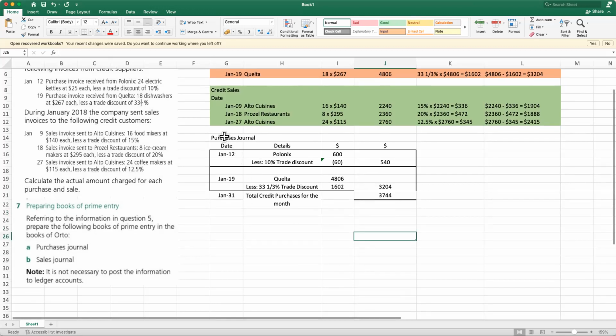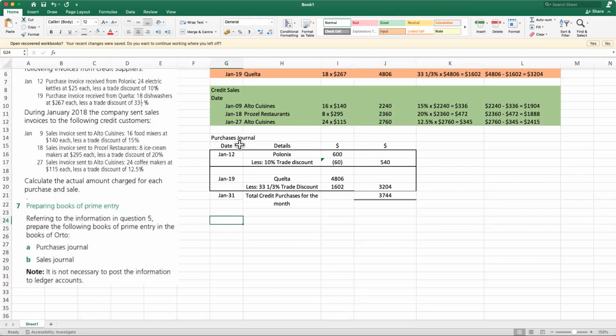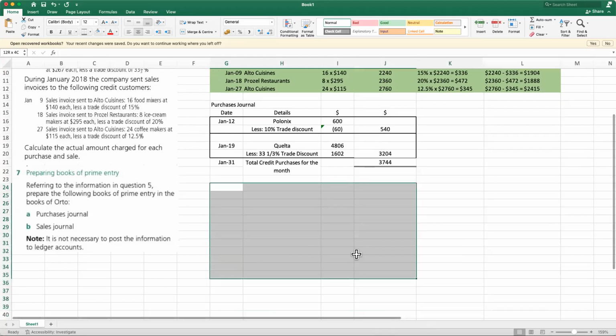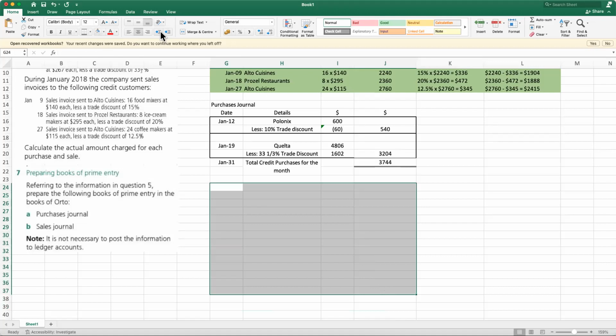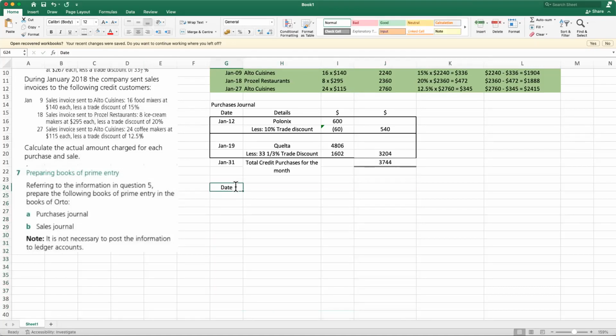Now we're going to do the same thing for the sales journal. So here I'm just going to highlight it. Then it's done, we're going to write date. This is our sales journal. Date will be 9th for Alto Cuisines. Same thing, less 15% trade discount.